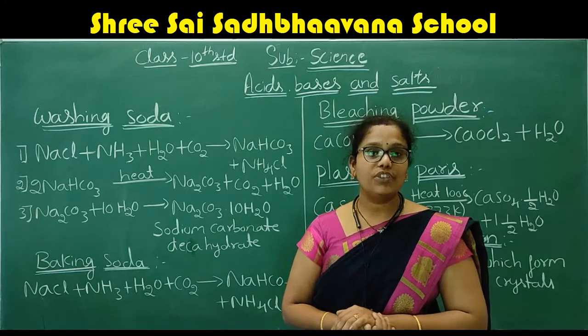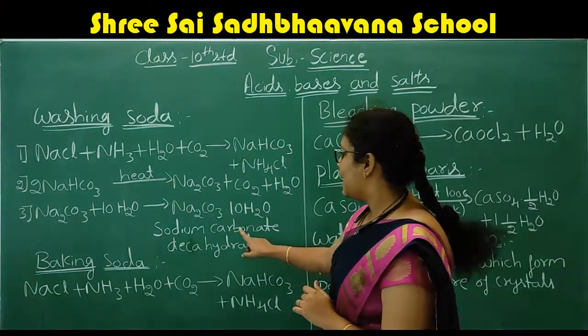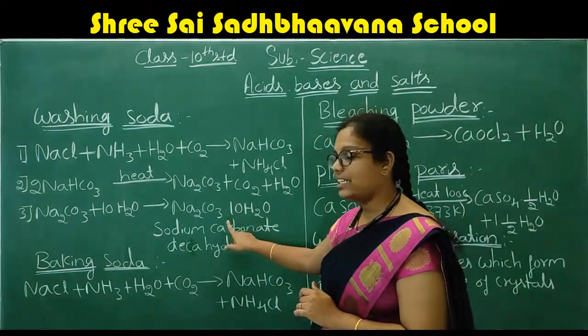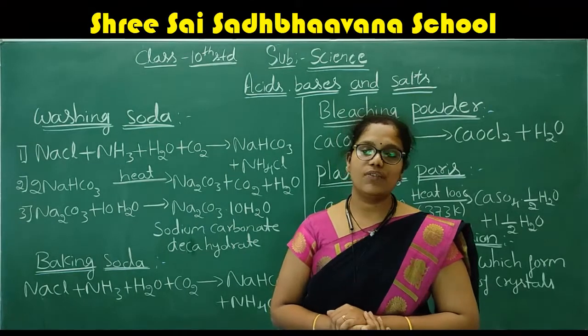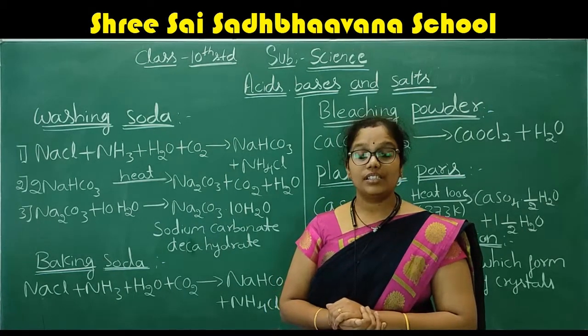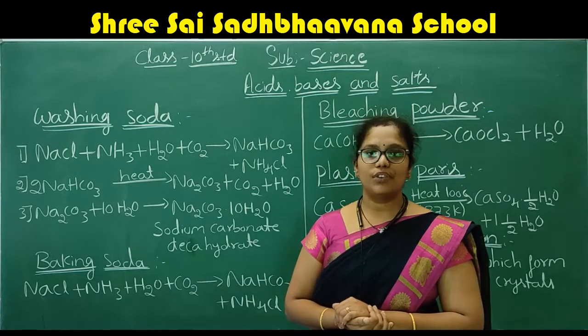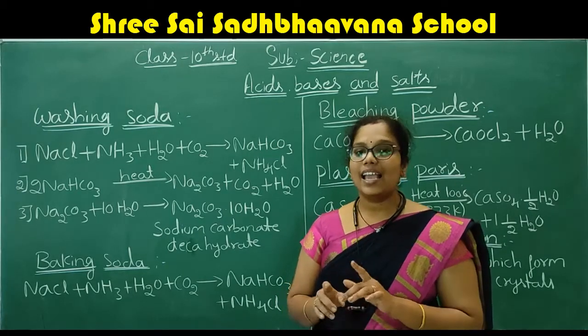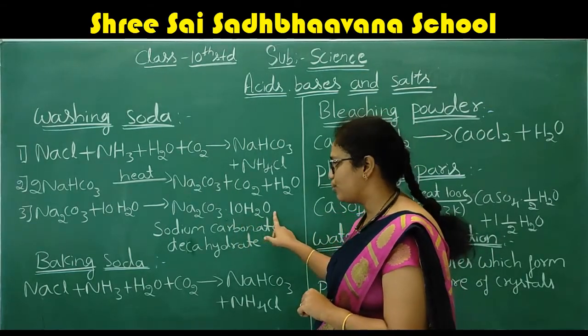If you see the first question's answer, the formula of washing soda is Na2CO3·10H2O.